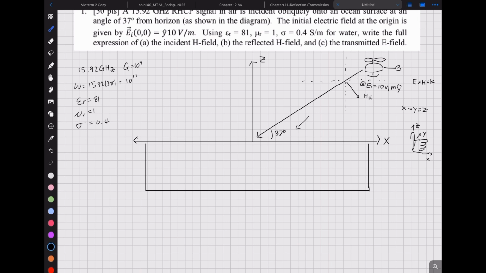And then using the other property that H1 cross H2 equals k, or E1 cross E2 equals k, we can find H2. Using the right hand rules again, if H1 is going that way, and our thumbs are going this way, we can find that H2 of I is going to be pointing out of the page.